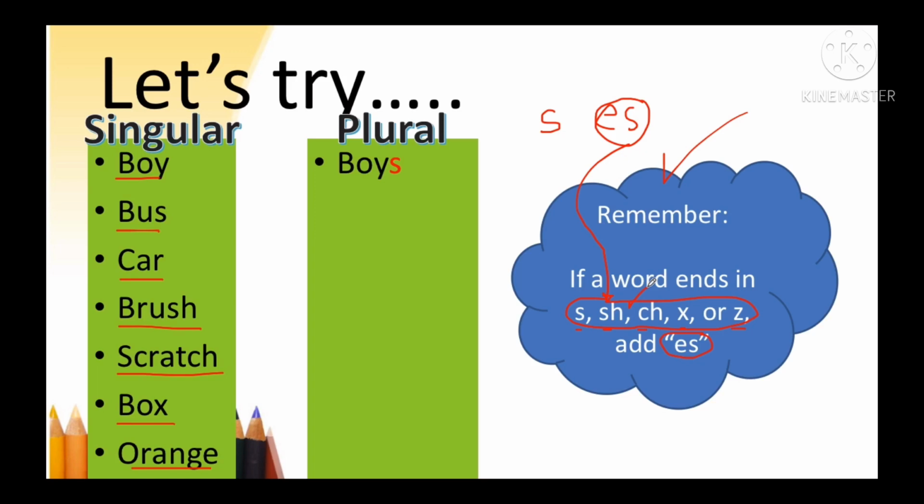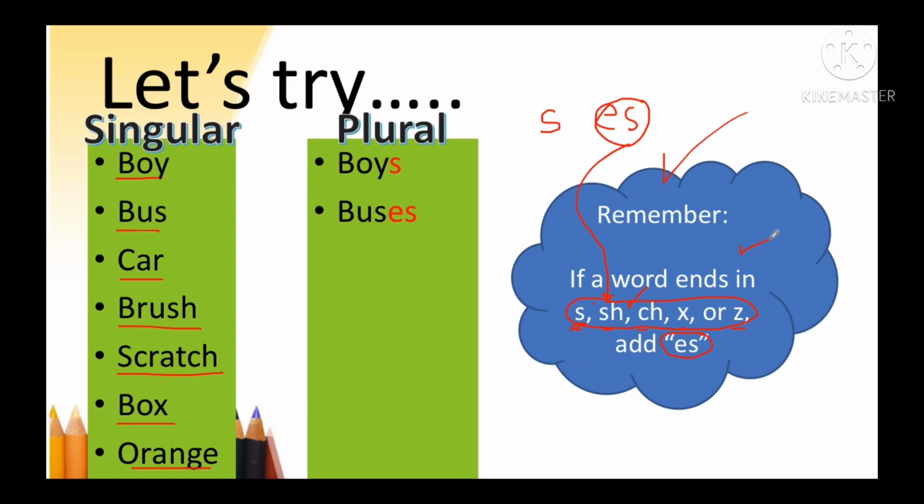How about bus? Bus ends in S. And S we have here. Right? So we will add ES. So we have buses. How about car? Car ends in letter R. And it's not part of our remember part here.